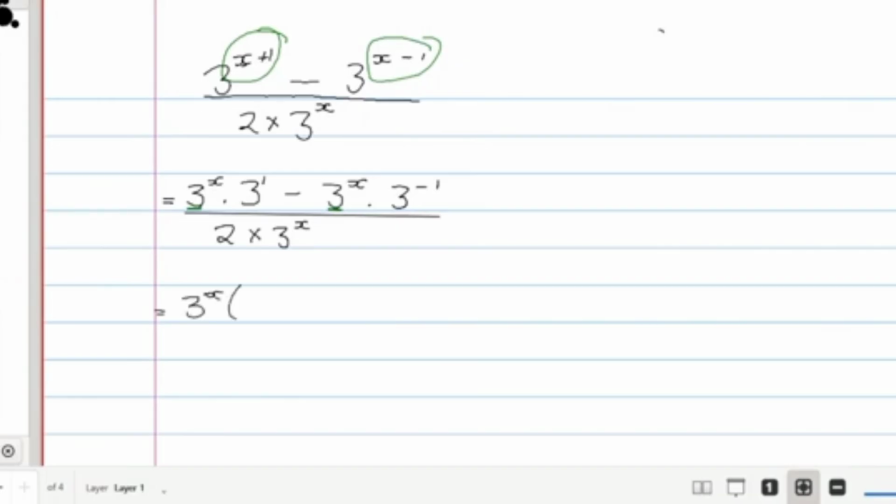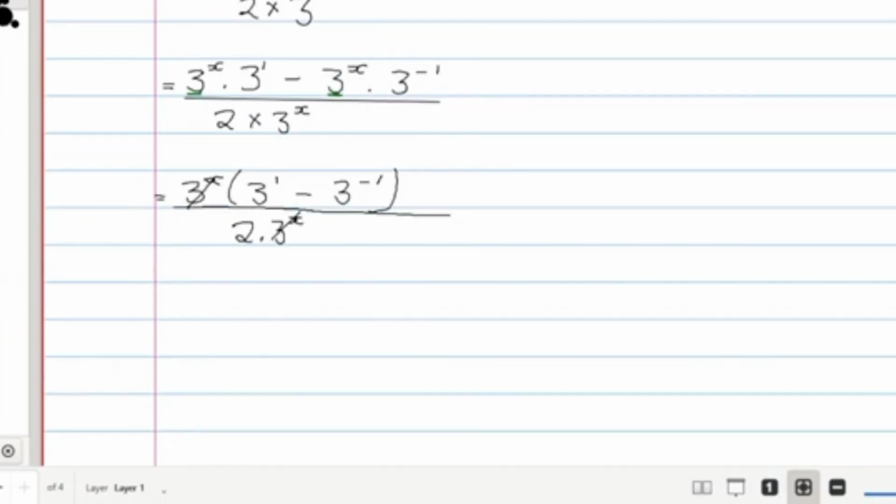So we take the common factor, which is 3 to the power x. If we take 3 to the power x out, it's going to remain 3 to the power 1 minus 3 to the power negative 1, divided by, you write the denominator the same. So the denominator and the numerator both have 3 to the power x, so they cancel.